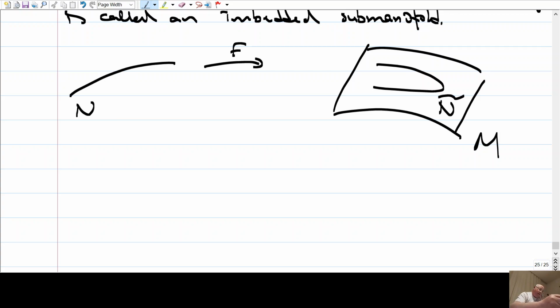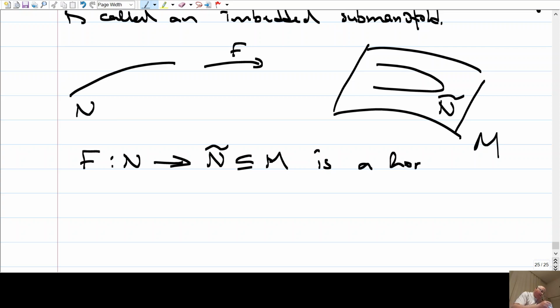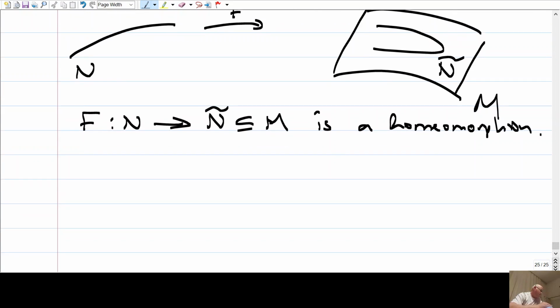And f from M into N tilde, this is a subspace of N, and it's a homeomorphism onto N tilde, of course, and N tilde has the relative topology inherited from the topology of N.